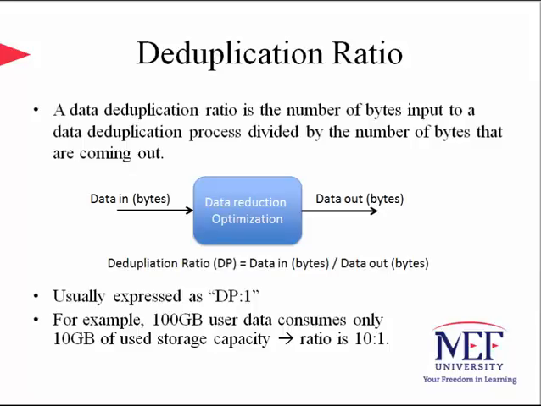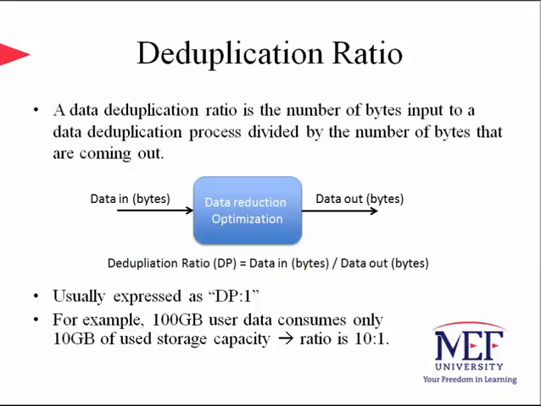So in order to have an idea about how much efficiency deduplication adds to the storage capacity savings, we should define a metric to quantify it. A data deduplication ratio is the number of bytes input to a data deduplication process divided by the number of bytes that are coming out. We express this ratio as X by 1, or data deduplication ratio by 1, also known as space reduction ratio.